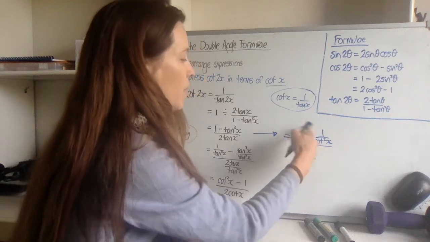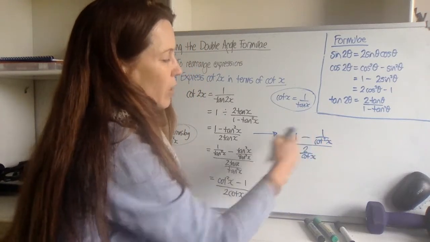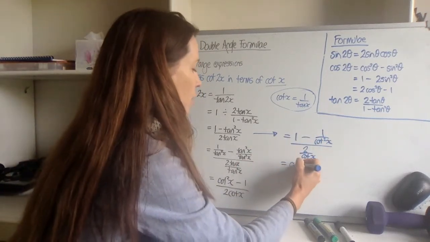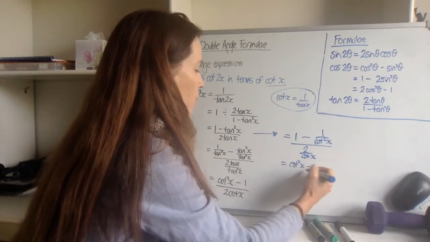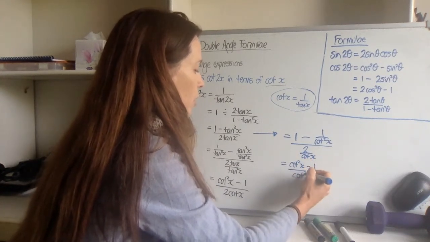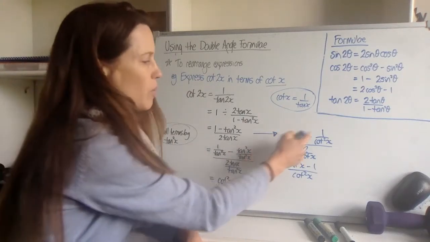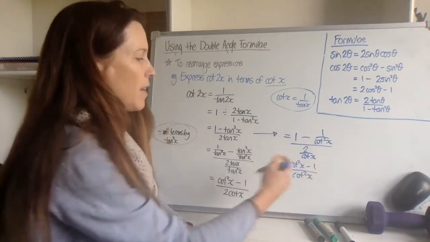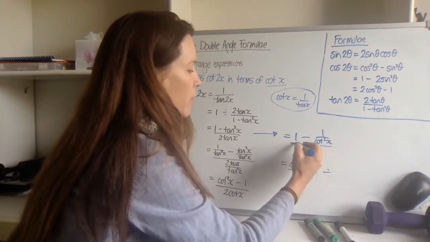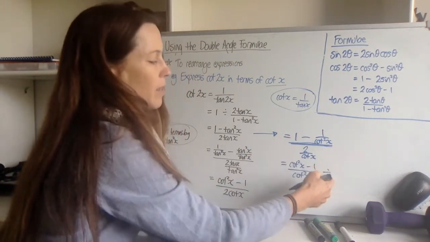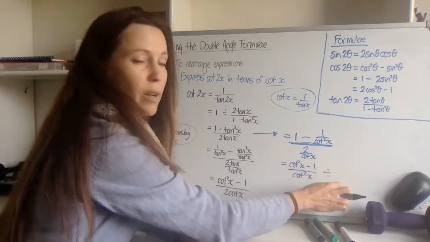So on the top here, we could make these 2 things have a common denominator by saying we've got cot squared x minus 1 all over cot squared x. So here I just said this is cot squared x over cot squared x, and I brought these 2 together. And then I'd divide by, because this big line here means divide by, and I could do that this way, and divide by 2 over cot x.